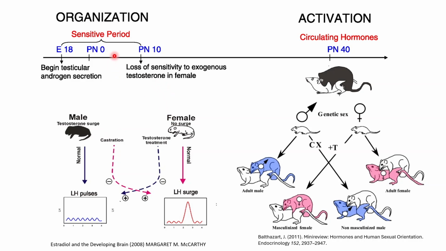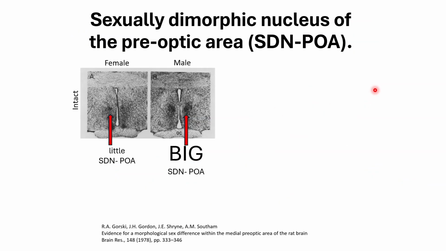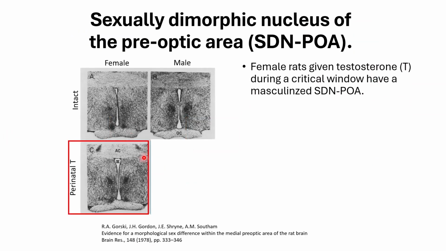But if you castrate them early on, so blocking the ability for testosterone to act, they default towards more feminine-like behaviors, even though they're genetically male. They're both XY. And then for females, if you expose them to testosterone early on, you can get them to do male-like behaviors as adults. And they also then have sort of male-like hormonal control. So we can get things switched by introducing things like testosterone early on.